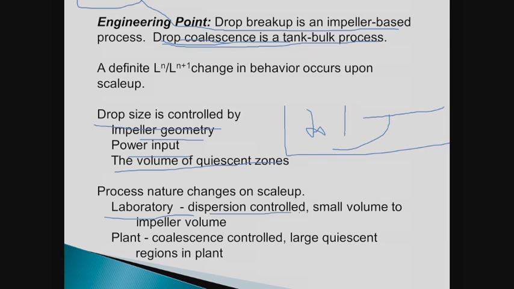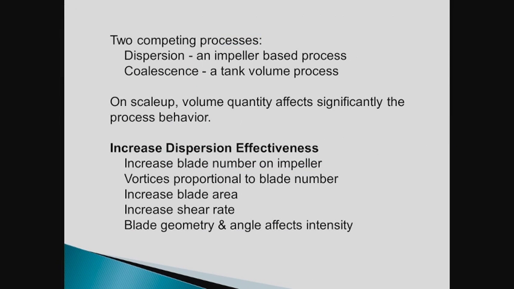Lab is dispersion controlled, and often you have small volumes. You often have large impellers. Tank is coalescence controlled, large quiescent regions in the plant. So you have a difference. You wind up having an LN plus 1 problem occurring. Dispersion is impeller-based, coalescence is tank volume-based.